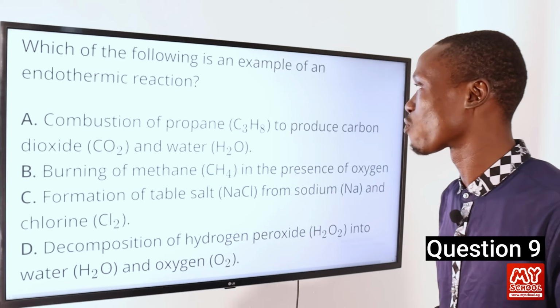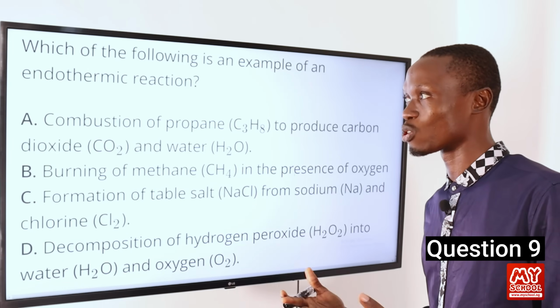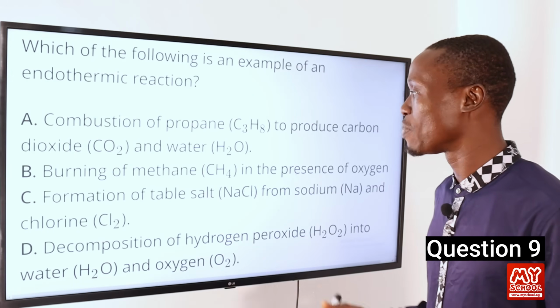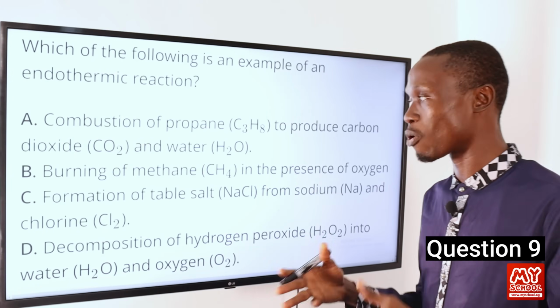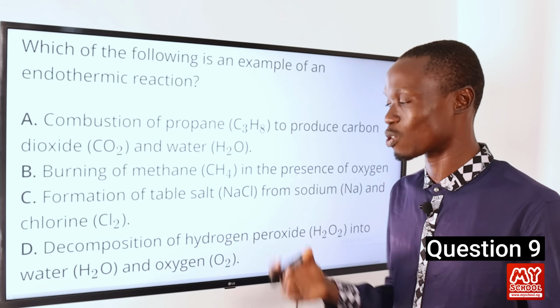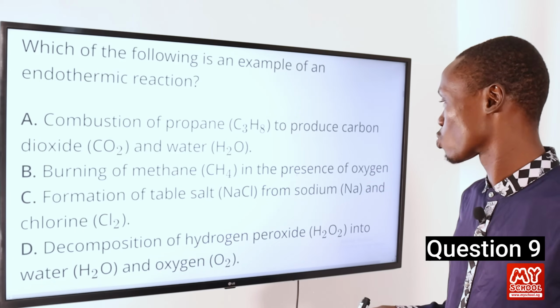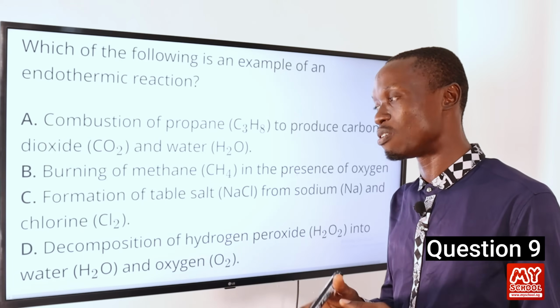So option A, combustion of propane to produce carbon dioxide and water, is not true. Combustion means release of heat. While B, burning of methane in the presence of oxygen, also produces heat, it does not absorb heat. While option C, formation of table salt from sodium and chlorine, does not involve heat either.